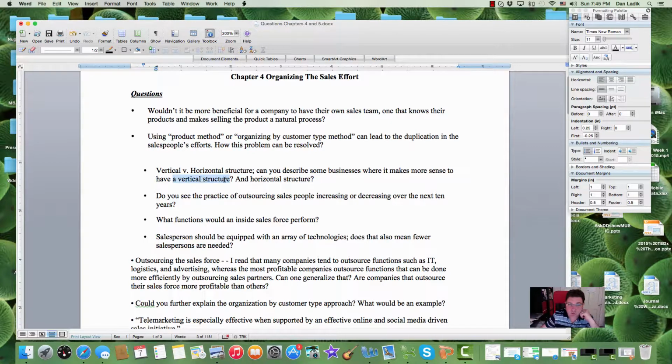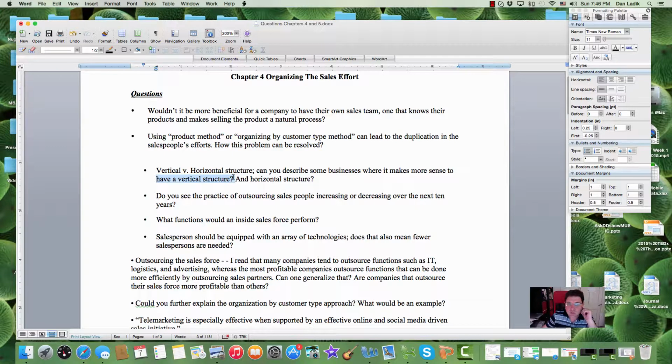Vertical structures have very small spans of control. The salespeople probably have a very deep manual. They can't deviate from the manual. They can't do things along those lines. They have to follow the rules.